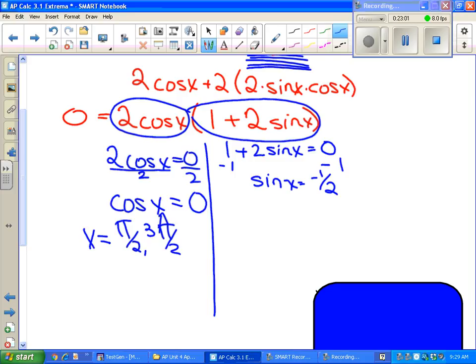Where on the unit circle is the sine equal to negative 1/2? That's a y value. So it'd be 7 pi over 6 and 11 pi over 6. Everybody good with that? So x is equal to 7 pi over 6 and 11 pi over 6.